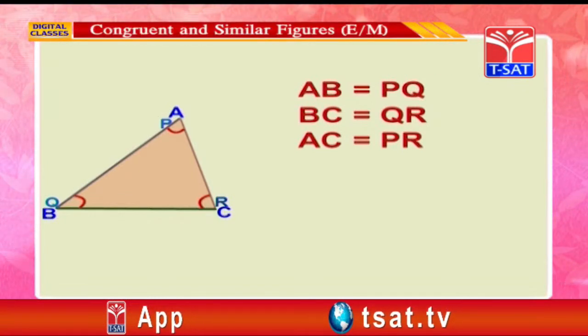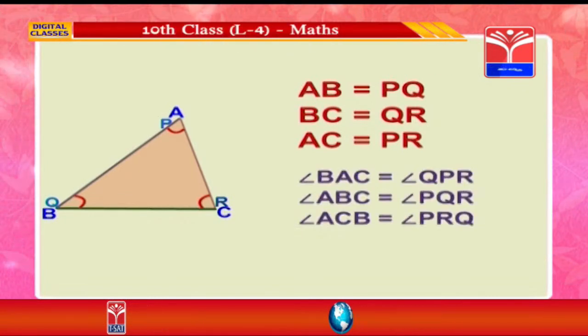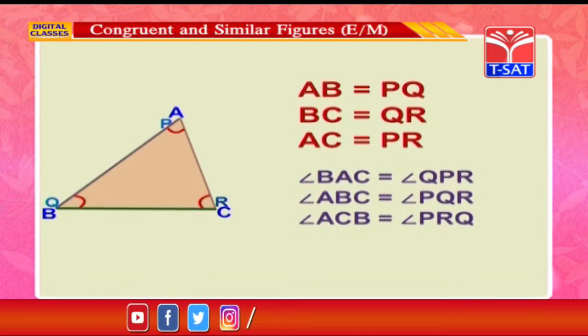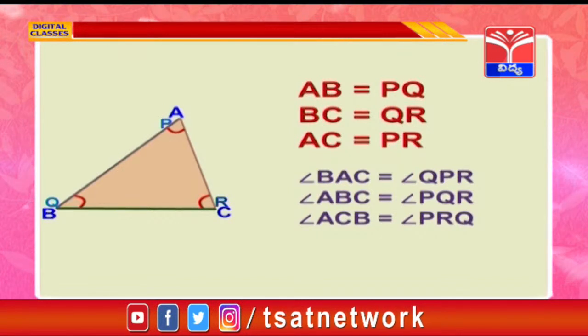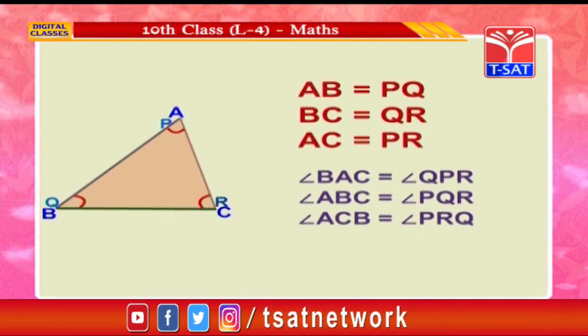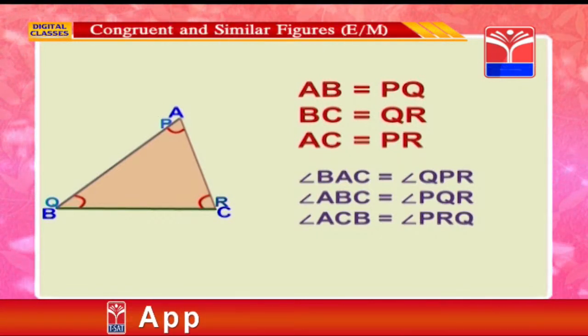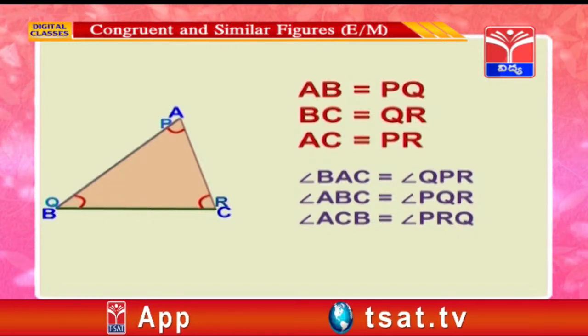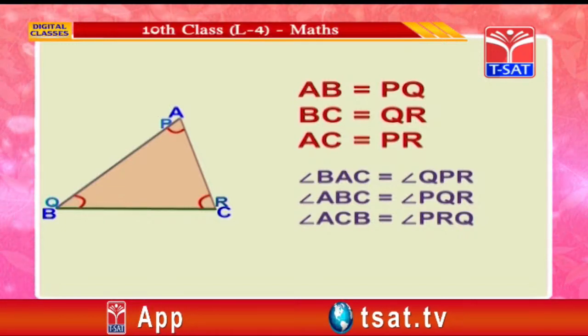Similarly, the corresponding angles of these two triangles are also equal in measure. Angle BAC is equal to angle QPR. You can observe angle ABC is equal to angle PQR. Even the third angles of these triangles are equal in measure.